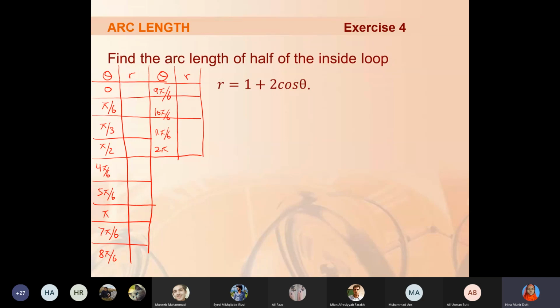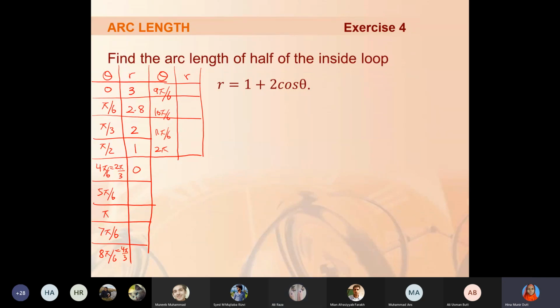Okay, what is the value of r when theta is 0? What about 3 pi by 6, what is it? It is 2.8 something. 2.8. What about pi by 3? 60 degrees, it is 2. What about pi by 2? It is 1. What about 2 pi by 3? It is 0.